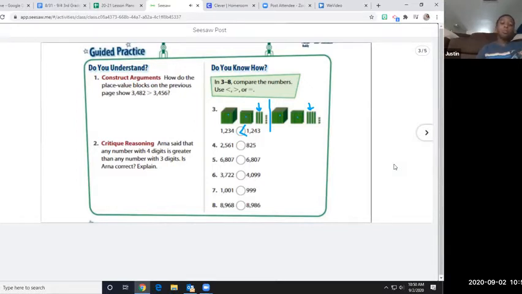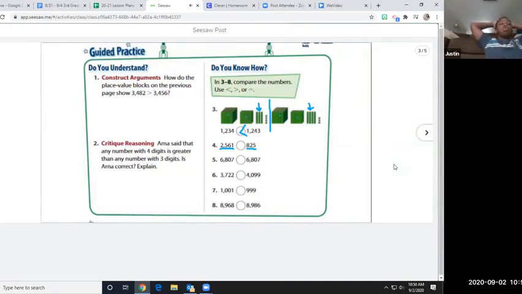But we can also use what we know about place value to compare two numbers without drawing the blocks and without making a place value chart. We use our knowledge of place value to help us. So let's look at number 4. Just like Arna said, any number that has 4 digits is going to be larger than any number that has 3 digits because of that thousands place.